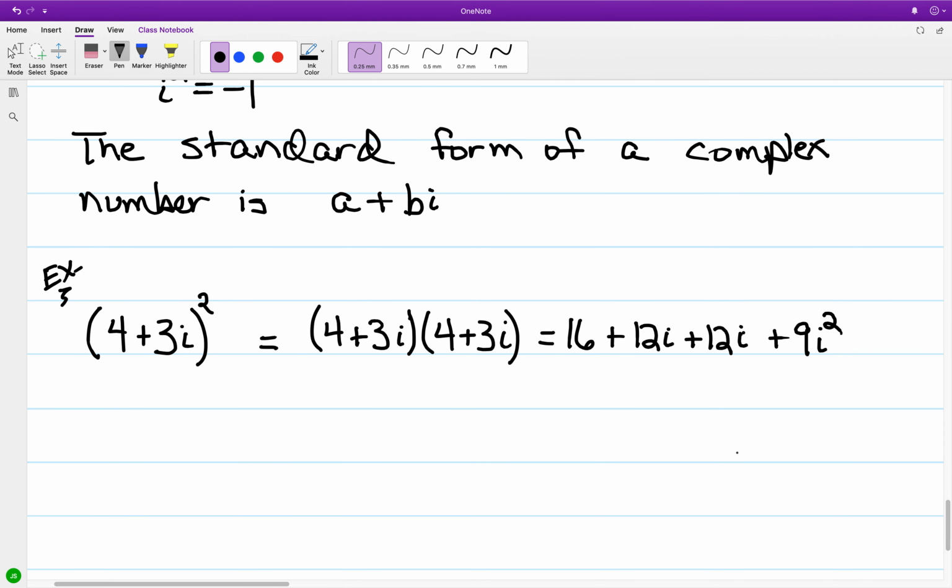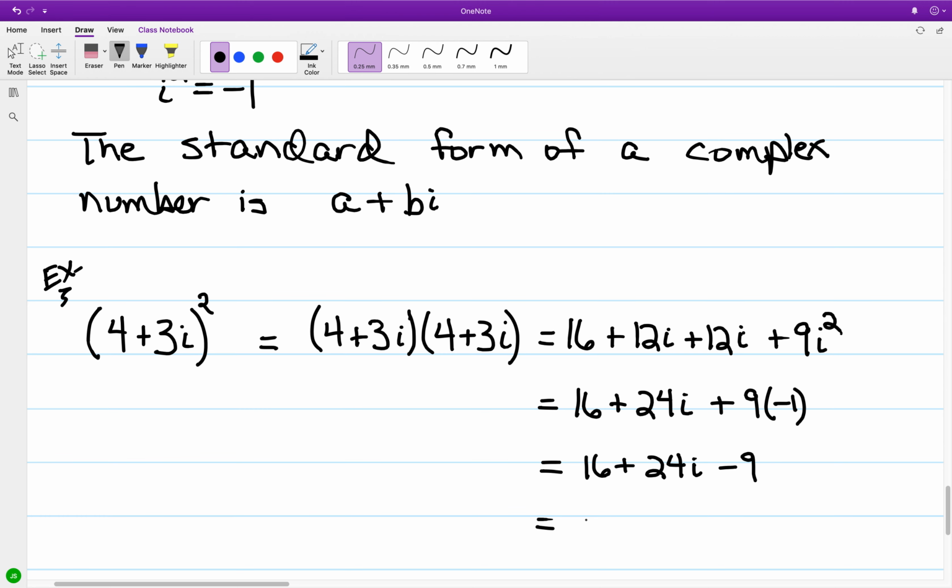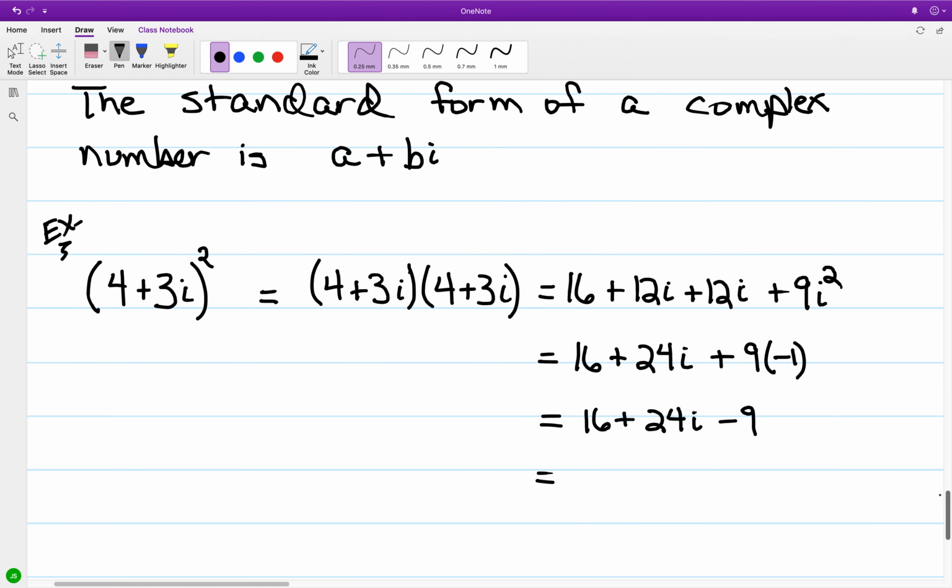So we have 16, 12i plus 12i is 24i, and 9i squared is 9 times negative 1, which is negative 9. Combining like terms, the product results in a standard form complex number, 7 plus 24i.